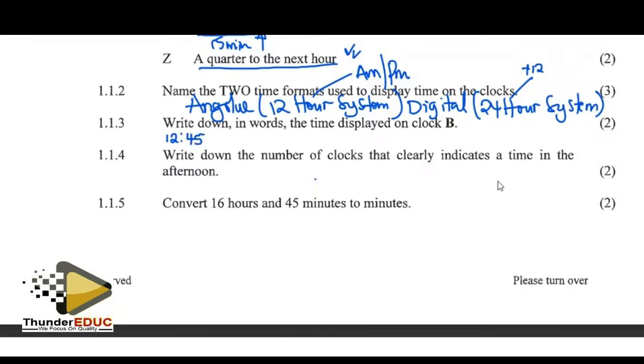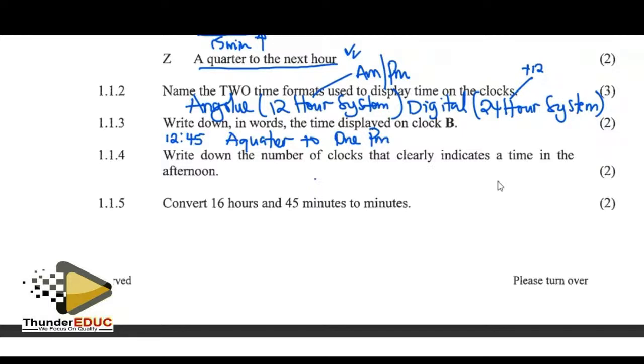It is supposed to be a quarter to one p.m. Oh, you can say a quarter to 1.